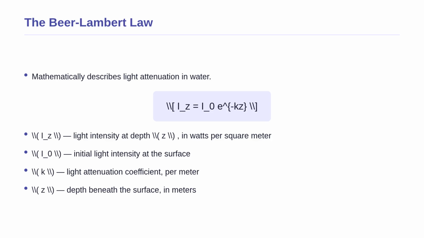The constant e is the base of the natural logarithm. The symbol k is the light attenuation coefficient. A higher k means the water is murkier and absorbs light faster. Finally, z is the depth in meters. As depth increases, that negative exponent causes the light intensity to plummet.